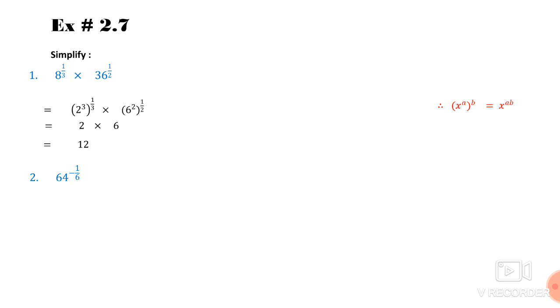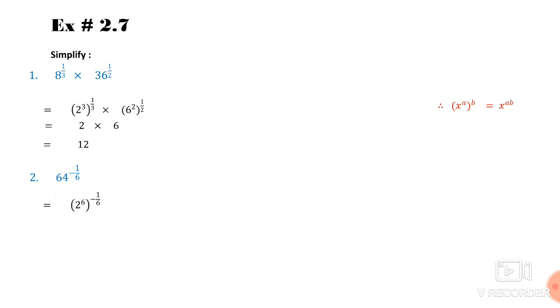Second part, 64 exponent minus 1/6. Here you can see that we have a negative exponent. So we have two options, either to convert it into a positive exponent first, or find the factors of 64 first. You may follow any step.